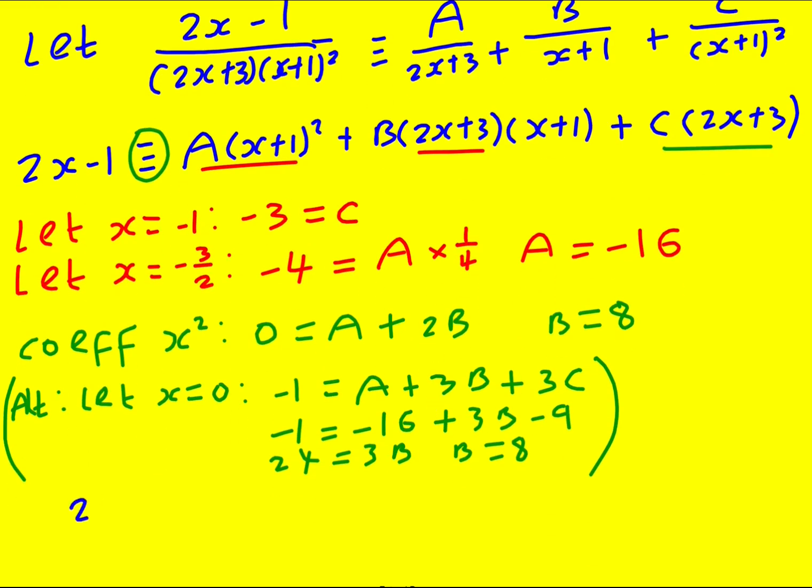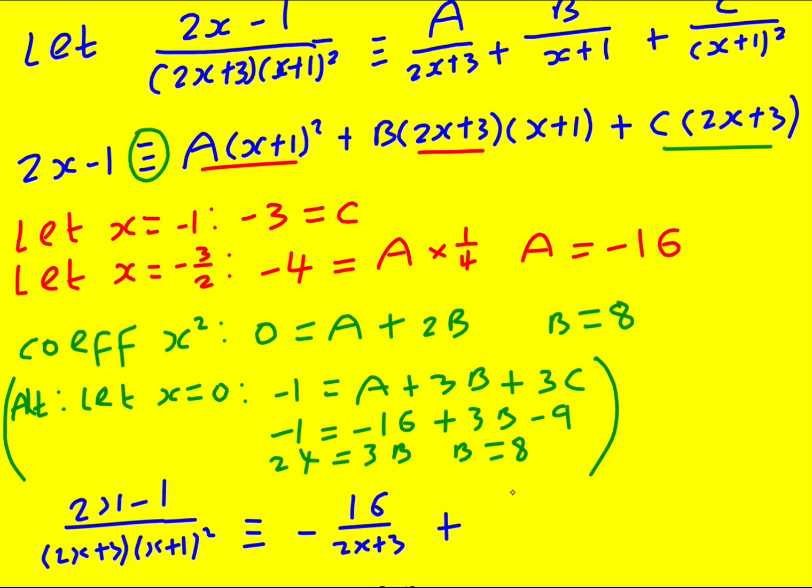So finally, that means that (2x minus 1) over (2x plus 3)(x plus 1) squared is going to be equivalent to minus 16 over 2x plus 3, plus 8 over x plus 1, minus 3 over (x plus 1) squared.